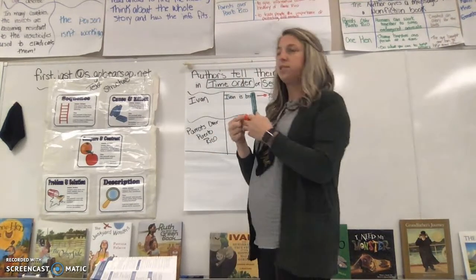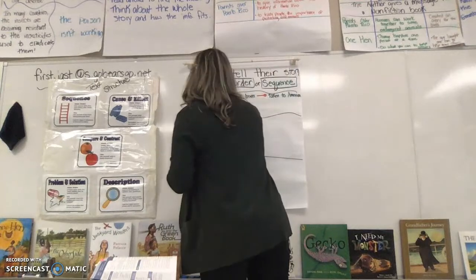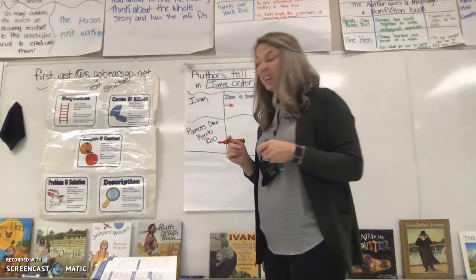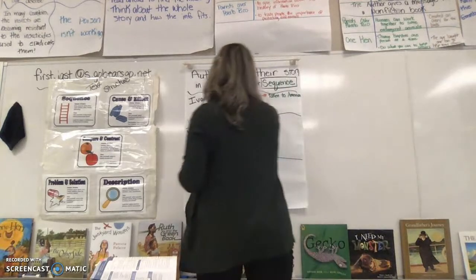All right, and I want you thinking to yourself, what happens next to Ivan? He's taken to America, and then what happens? He has to live in a shopping mall.